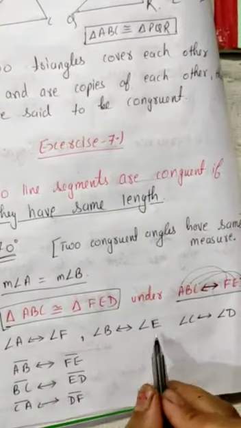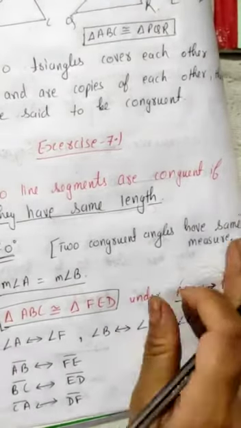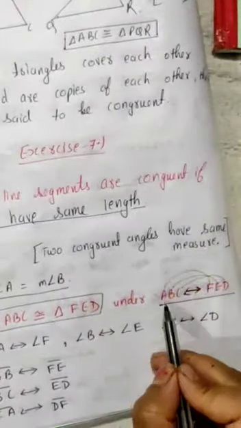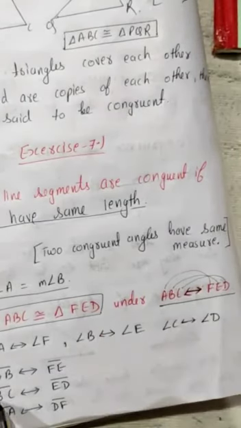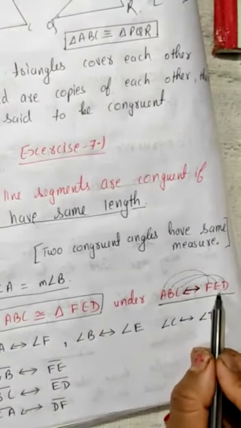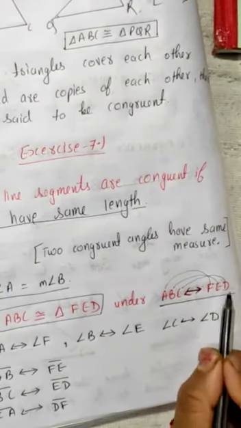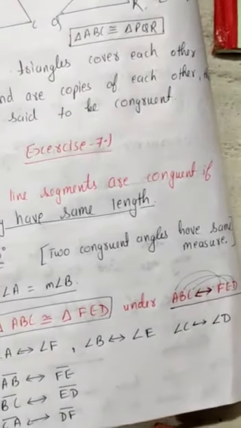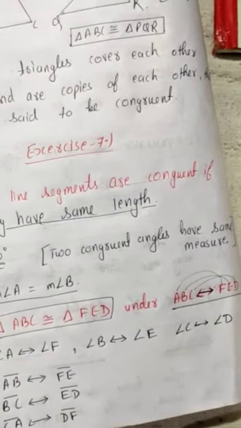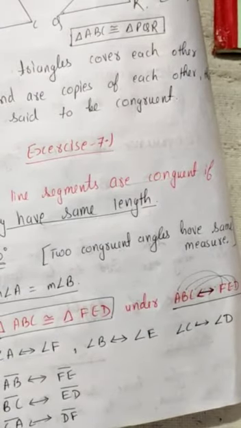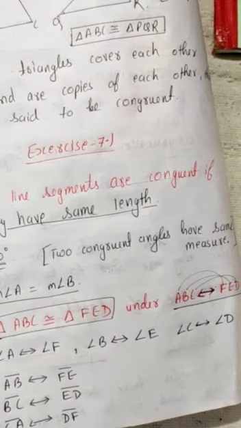Similarly, when we are talking about sides, AB will be equal to FE, BC will be equal to ED, and CA will be equal to DF. So this way we have completed till question number 3. This is your homework. You have to write each and everything like this and complete till question number 3 of exercise 7.2.